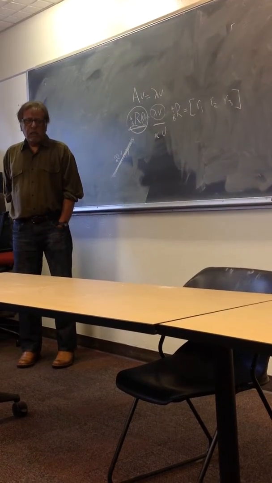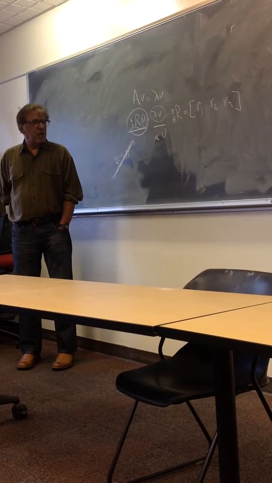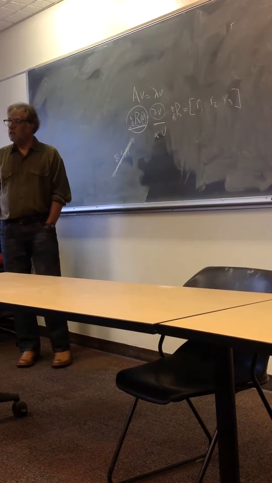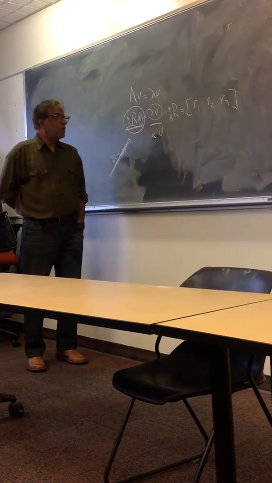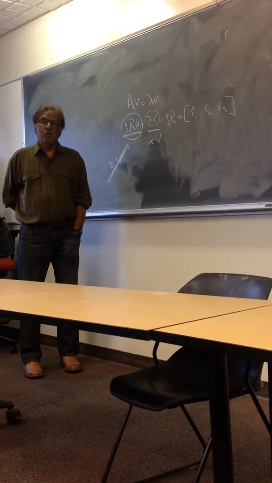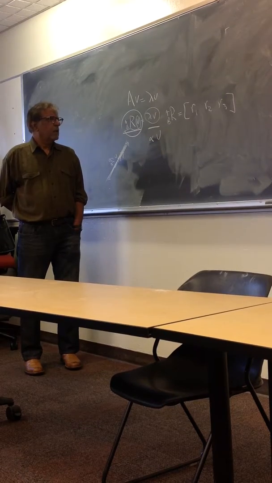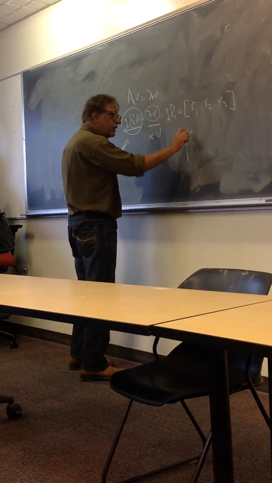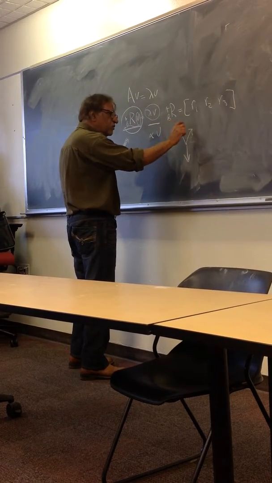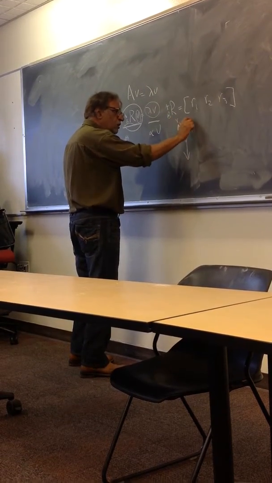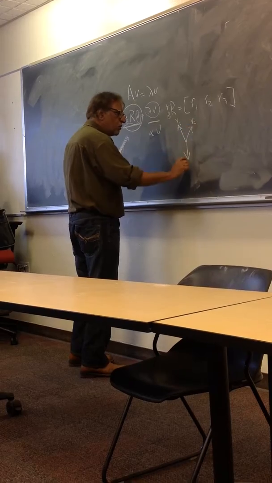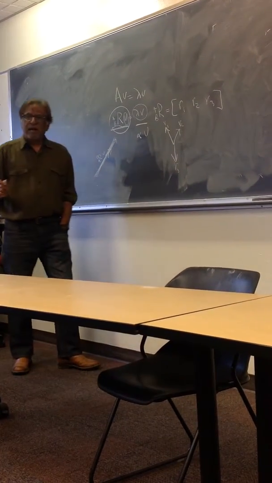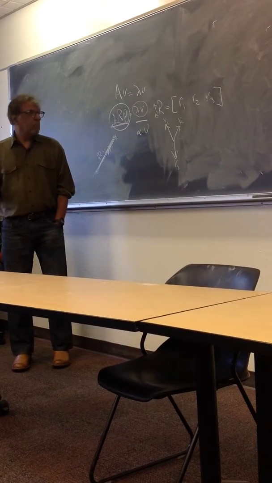Which means that they are orthogonal to each other, which also means that the dot product is equal to 0. That means that these three vectors, R1, R2, and R3, represent an orthogonal, and actually orthonormal, coordinate system, because the magnitude is 1.